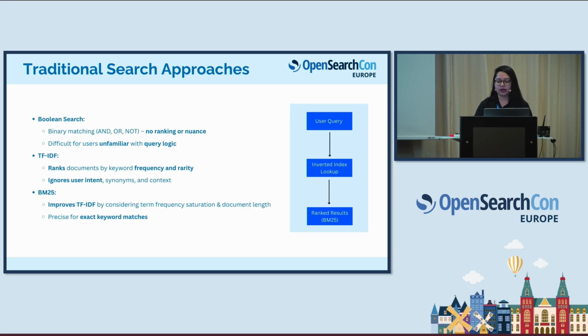In this flow diagram, the user puts in a query, and it also mentions inverted index lookup. If you don't know, an inverted index is like this: normally indexing is like 1, 2, 3, and it stores all the information about the keywords. But in an inverted index lookup, how it stores the data is, it looks at a sentence like, this is a great day today in Amsterdam.